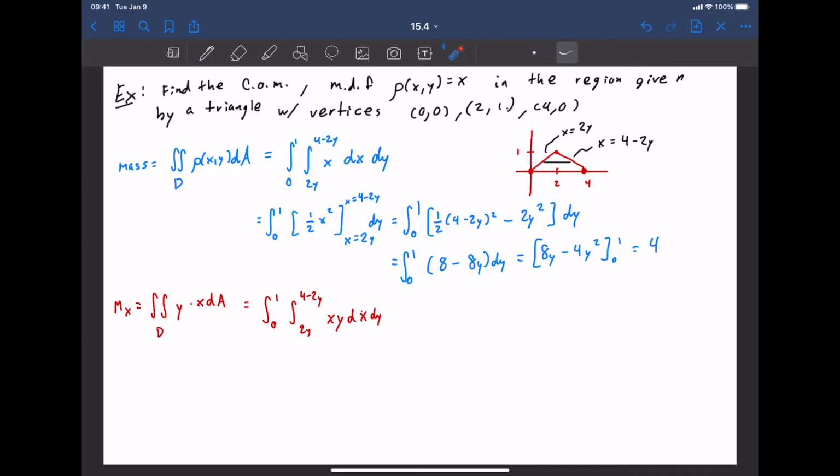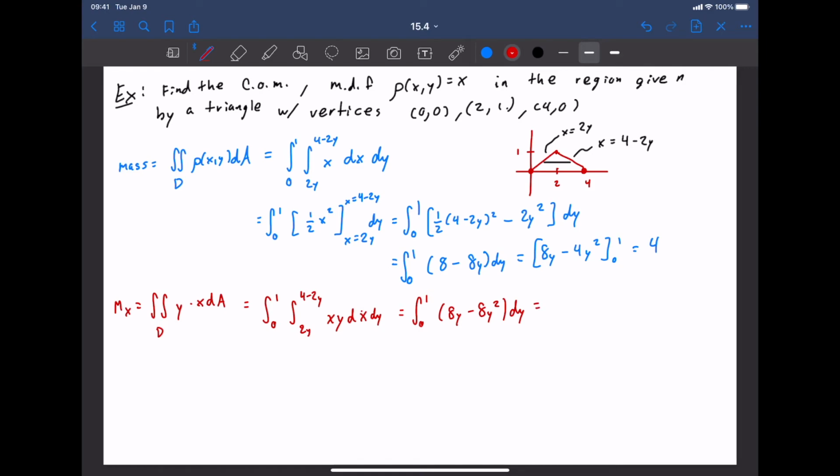Because this y is a constant and we're doing x first, I'm going to end up getting back to here, because this y shouldn't affect anything for our first integral. So please feel free to check and make sure you're getting 8y minus 8y squared once you do that whole first integral.